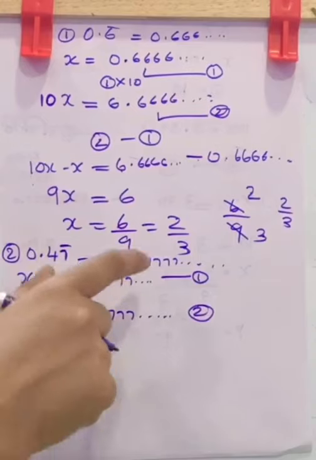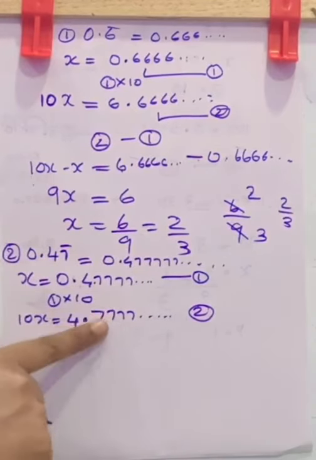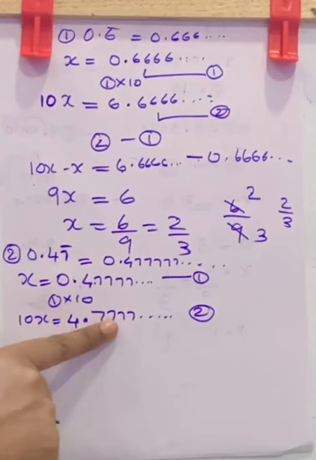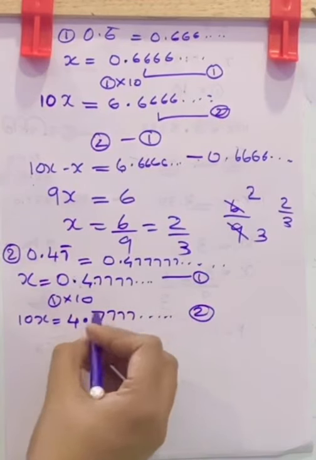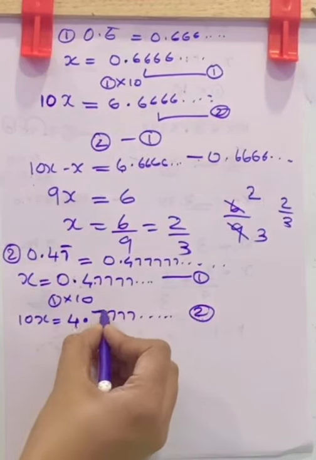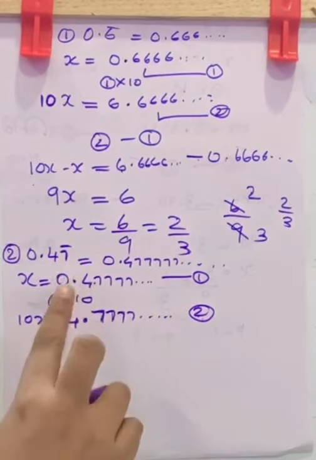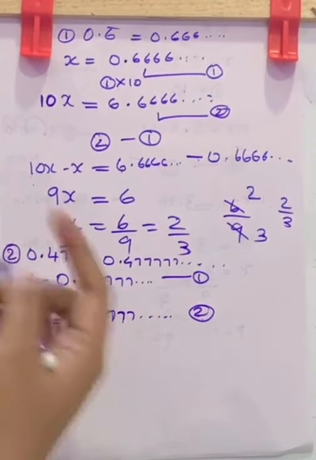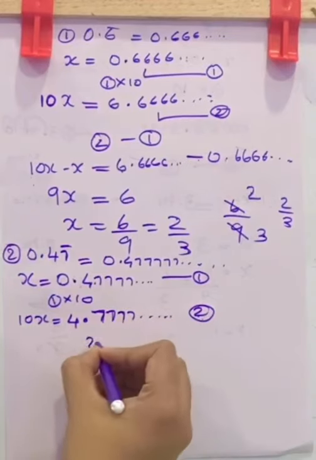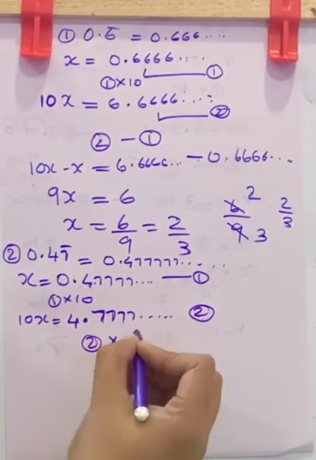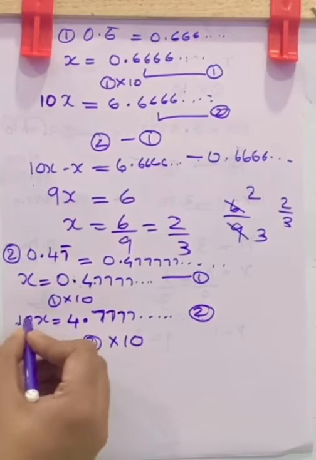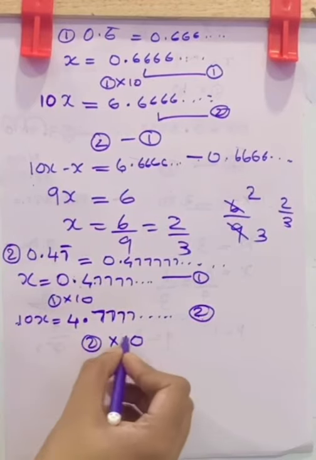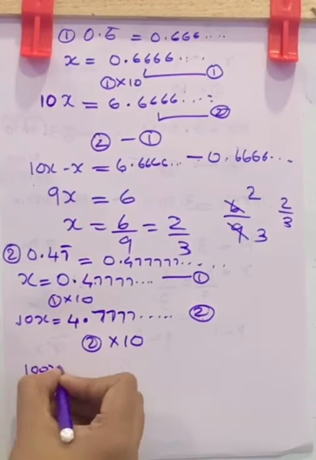Now never consider equation 1 again. This is the equation you want to consider to do the problem. So in equation 2, check how many numbers are repeating. Only one digit is repeating. So again equation 2 into 10. Now this becomes, equation 2 is 10x. 10x into 10, 100x.